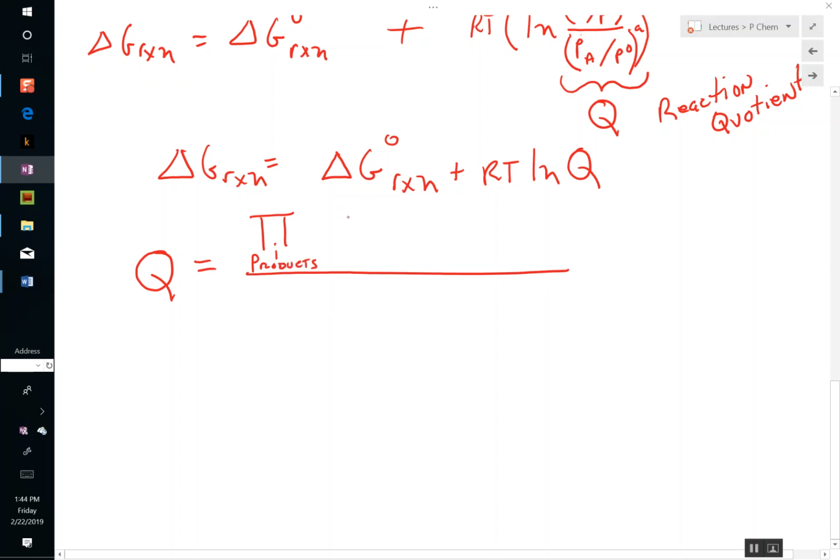Mathematically, it's P over P naught, and it's going to be to the power of the absolute value of the coefficient of i.